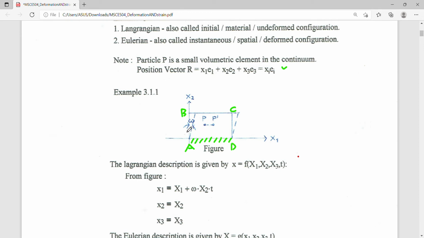Upon application of a load, point B goes to point B prime, and point C goes to point C prime.